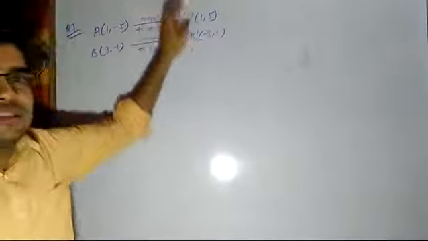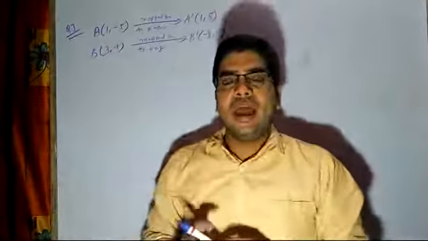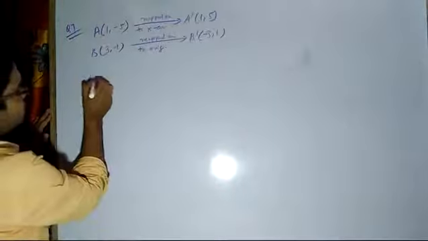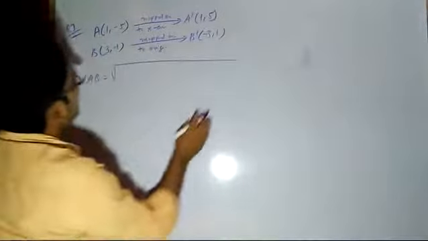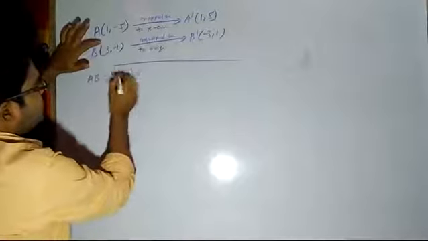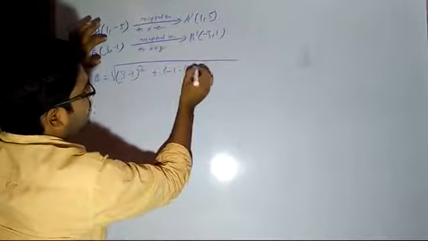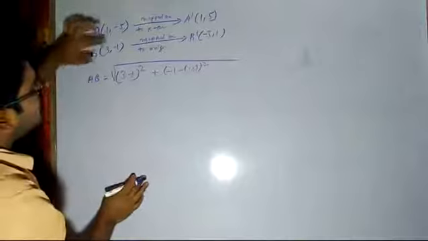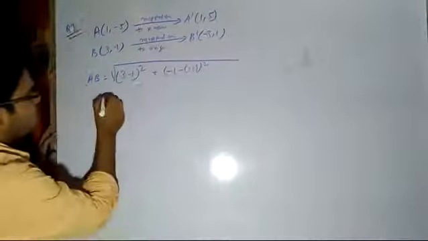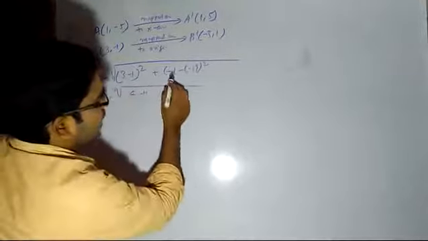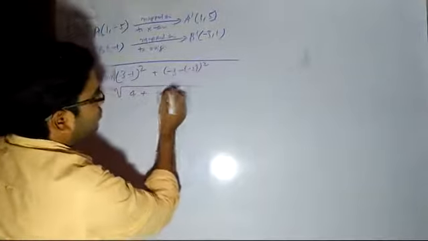Now the distance between AB and A dash B dash, their ratio we have to find out. So first of all, we will find out the distance AB and A dash B dash, and then we will finally find out their ratio. So distance AB will be equal to root under (3 − 1)² + (−1 − (−5))², correct? 3 minus 1 is 2, 2 2s are 4, plus this is −1, this is 5, 5 minus 1 is 4, 4 4s are 16.